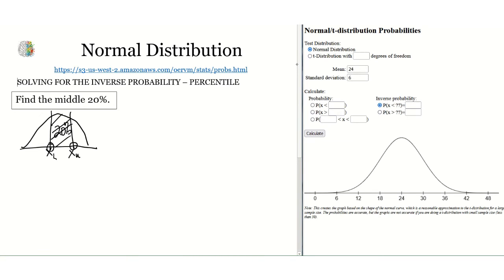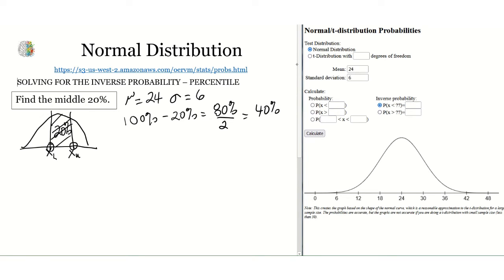So let's go ahead and use the same mean and standard deviation that we did before. The first thing we need to do is figure out our percentages. What are we solving for? If I take 100% minus 20%, that's going to give me 80%. And then I divide that by 2, which gives me 40%.